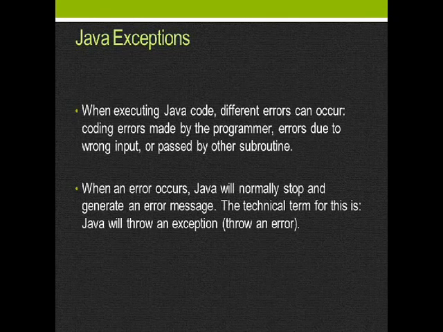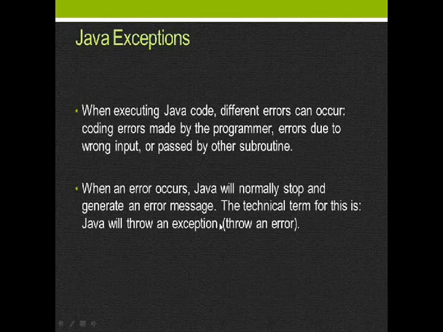While executing, different errors may occur, like coding errors made by the programmer, or errors due to wrong input or input passed by another subroutine. When an error occurs, Java will normally stop and generate an error message. The technical term for this is that Java will throw an exception, that is, throw an error.